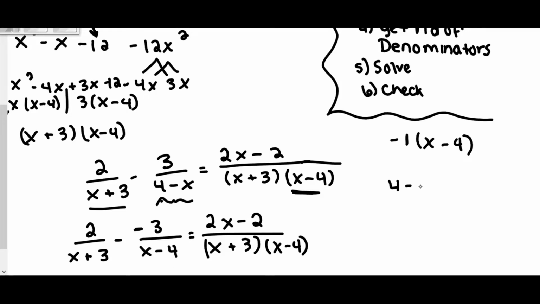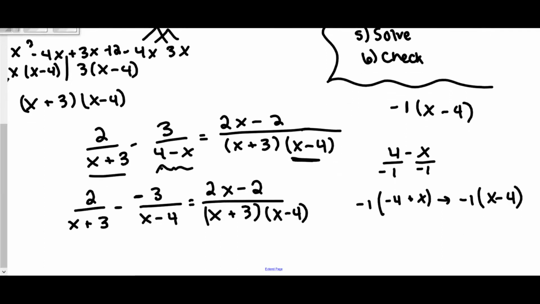So we have 4 minus x. I want to pull out a GCF of negative 1. Well, GCF just means you're dividing each term. So negative 1 times 4 divided by negative 1 is negative 4. Negative x divided by negative 1 is positive x. And you can rewrite that as negative 1 times x minus 4. So that's why we can do it.